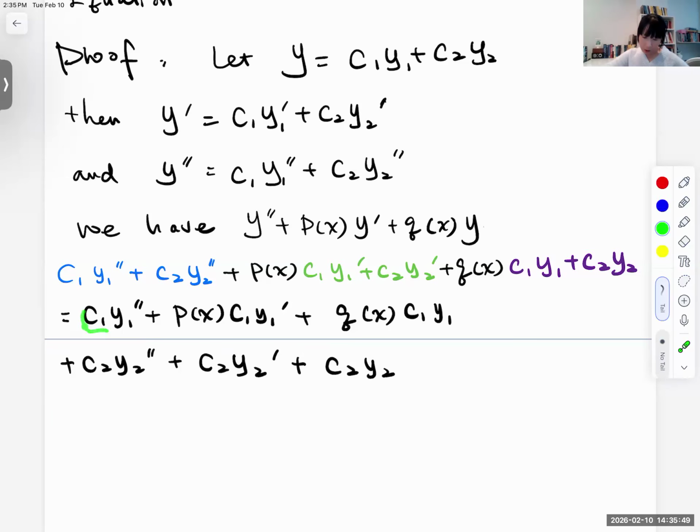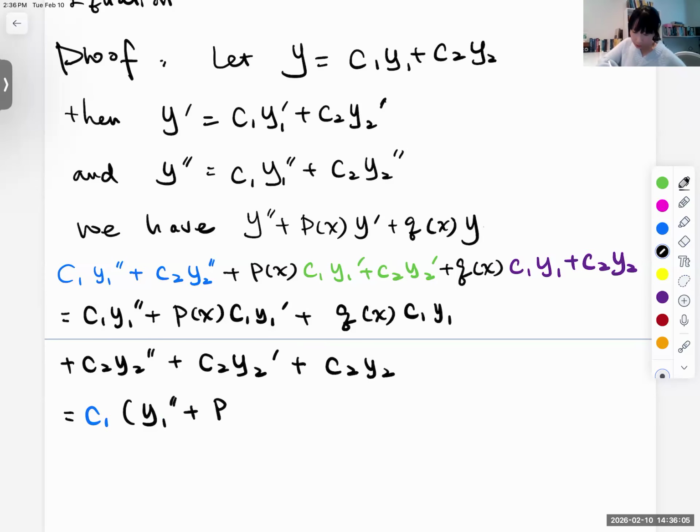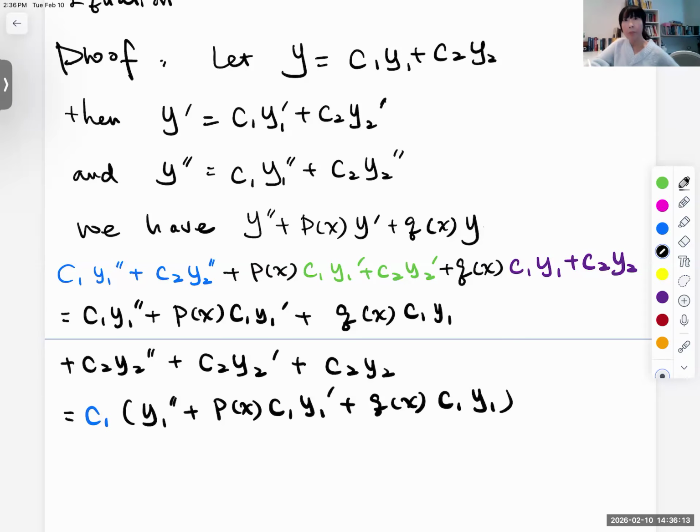Now they have a common factor, c sub 1. So let us do that. So c sub 1 times y sub 1 second prime plus p of x, y sub 1 first prime, plus q of x, y sub 1, right?